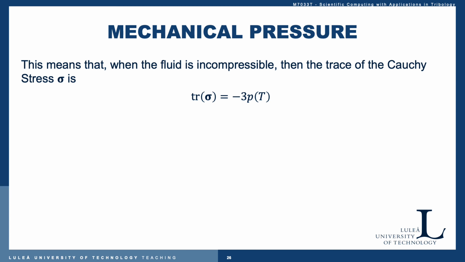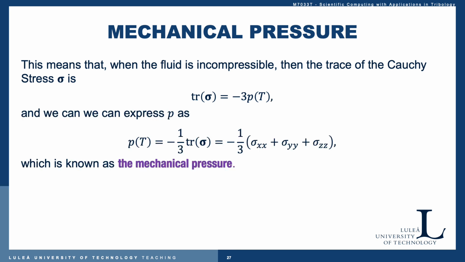This means that when the fluid is incompressible, the trace of the Cauchy stress, sigma, just becomes minus 3 times the thermodynamic pressure. And we can express this thermodynamic pressure P of T as minus 1/3 of the trace of the Cauchy stress sigma.